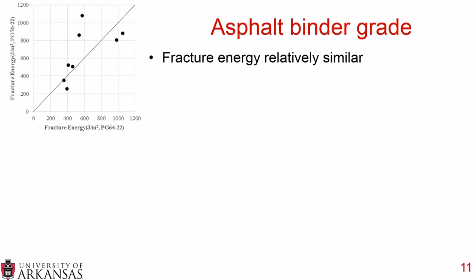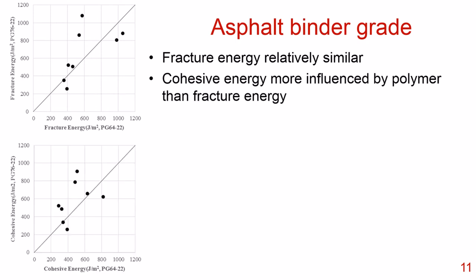All we did was change this one single binder grade. And you can see that there really doesn't seem to be any consistent trend with fracture energy. The two binders, they kind of bounced back and forth, but sometimes the fracture energy was higher for the 64-22, sometimes it was higher for the 76-22.